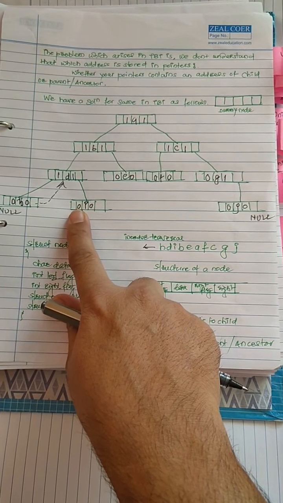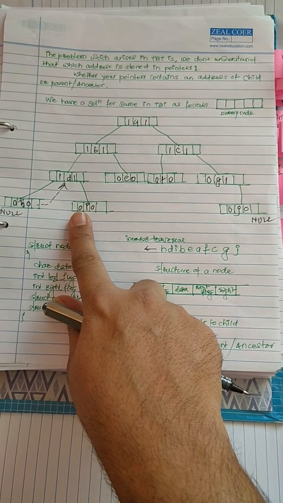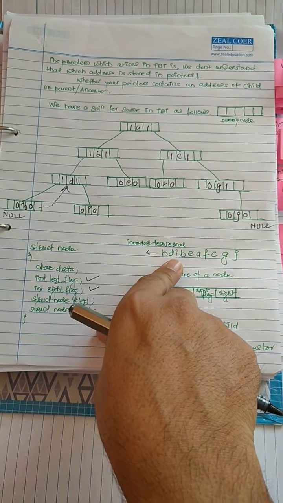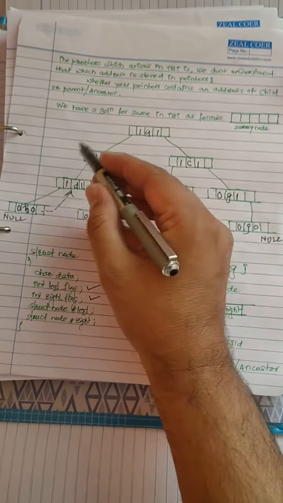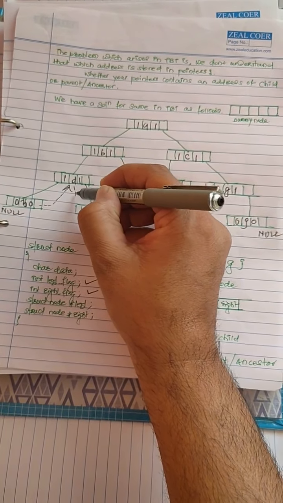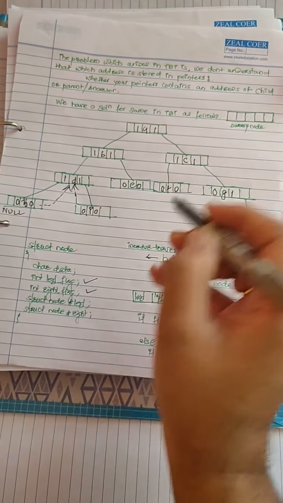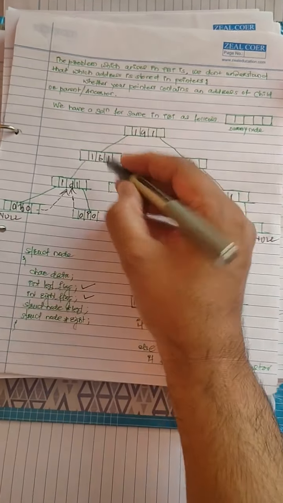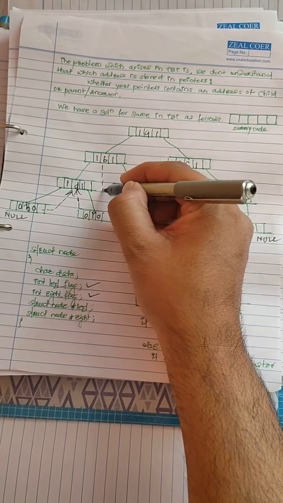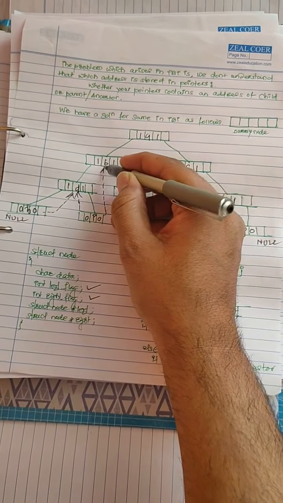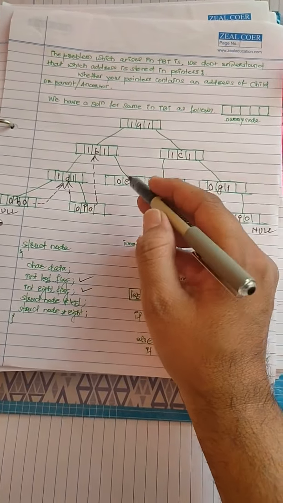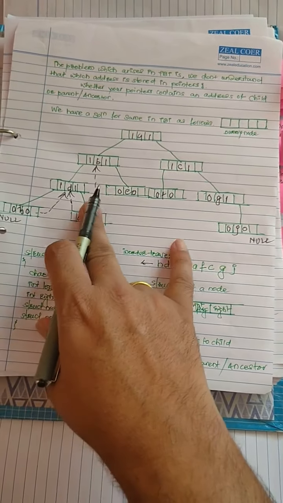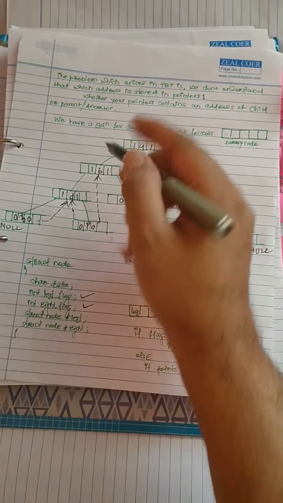Now the left pointer of I, the left pointer will always point to the inorder predecessor. Now D is the inorder predecessor of it, so it will point here. The right pointer will point to the inorder successor, which is B, so it will point over here. Next is E. Left will point to B. Why B?